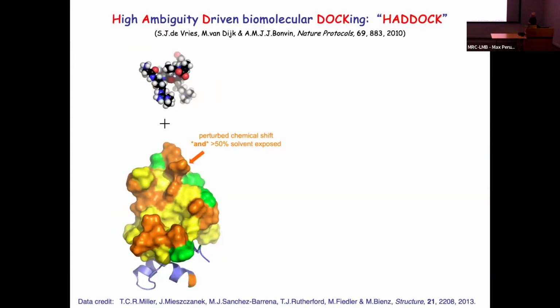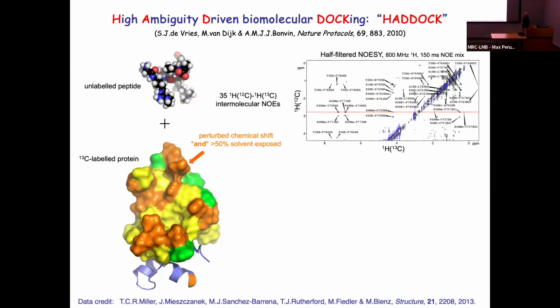We can dock molecules together. So this is an unlabeled peptide, and we've got a labeled protein domain, and we had an argument with the referee about whether this was feasible to get this to recognize a binding surface. We've taken a filtered NOE spectrum at this point. What we do on this axis, we reject any signal that is a proton coupled directly to C13.